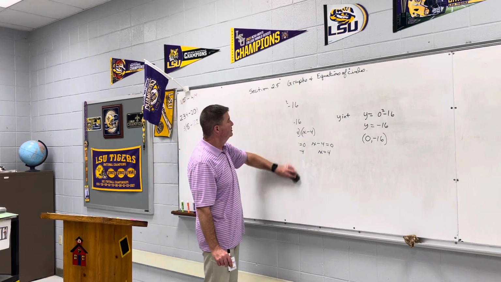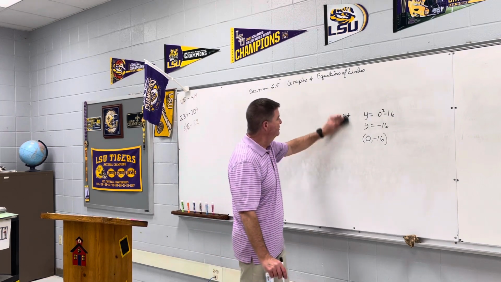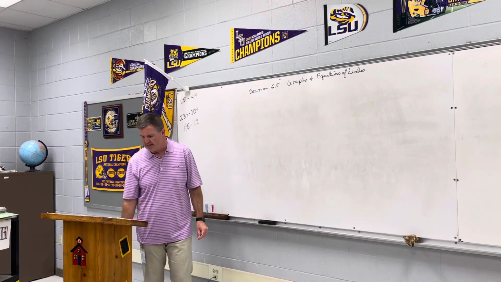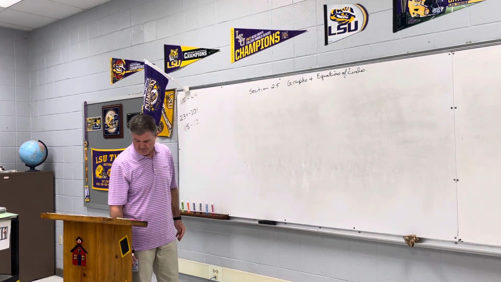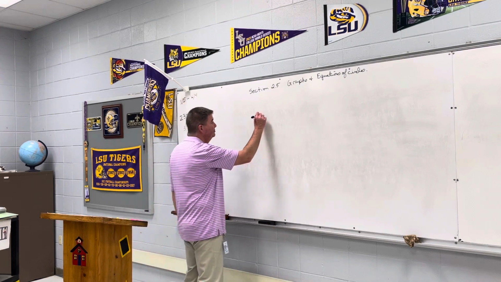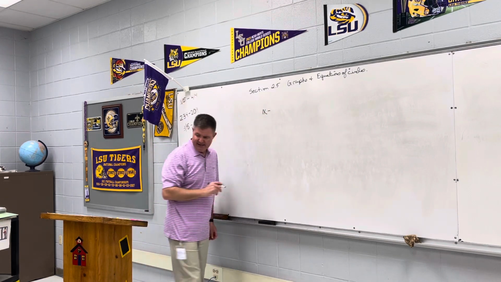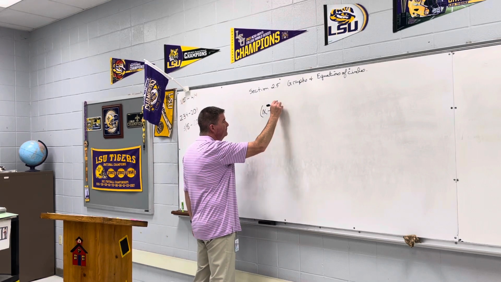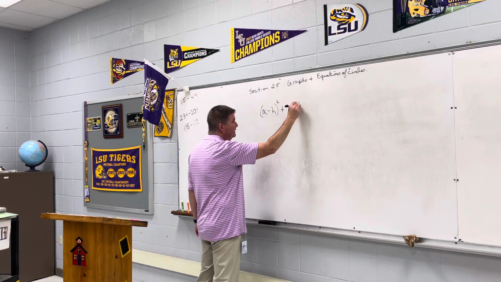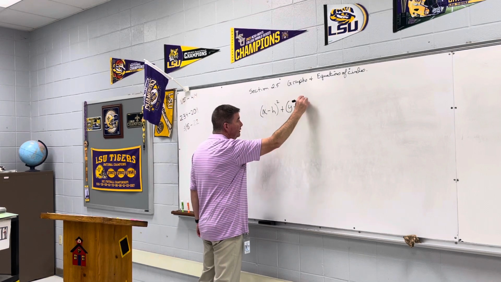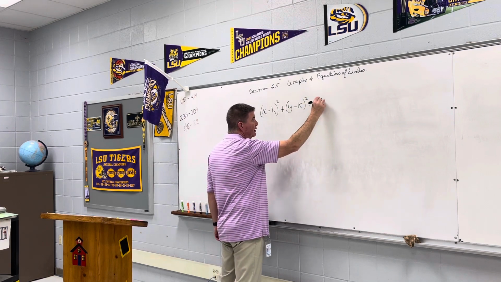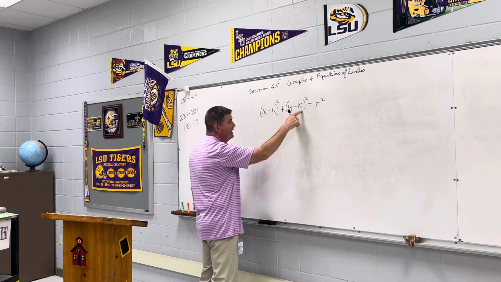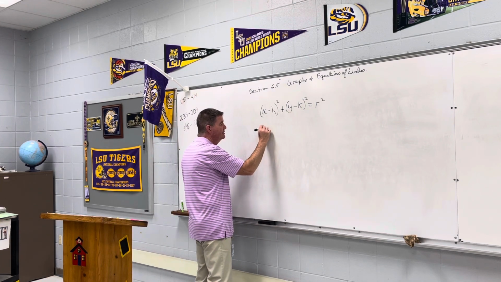Okay, example number 2 is going to talk about the standard form of an equation of a circle. The standard form is going to be (x minus h) squared plus (y minus k) squared equals r squared, where h and k is the center of the circle.